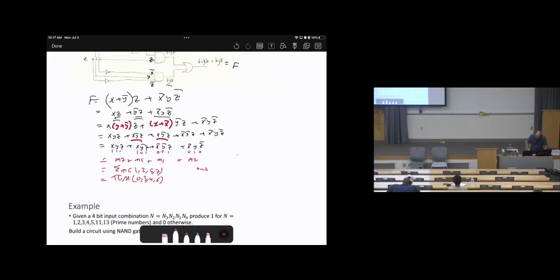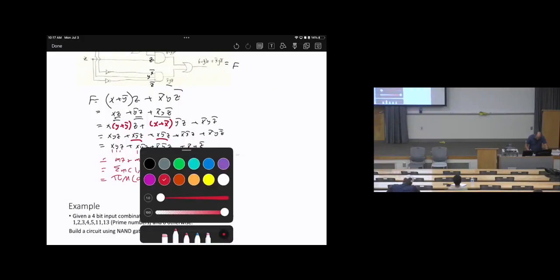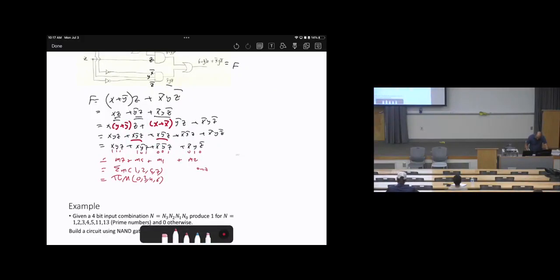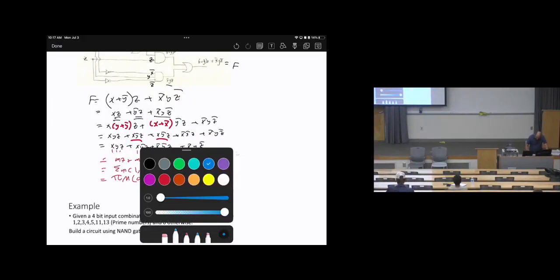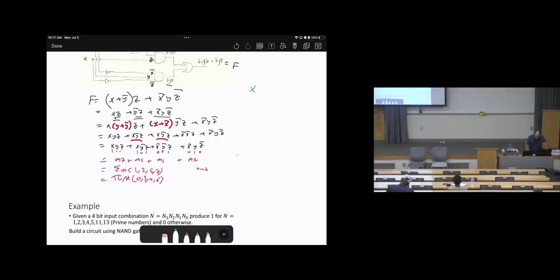When you do the truth table, let's do the truth table. Here is X, here is Y, here is Z, and here is the function f. So 0, 0, 0, 0, 0, 1, 0, 1, 0, 0, 1, 1, 1, 0, 0, 1, 0, 1, 1, 1, 0, 1, 1, 1.